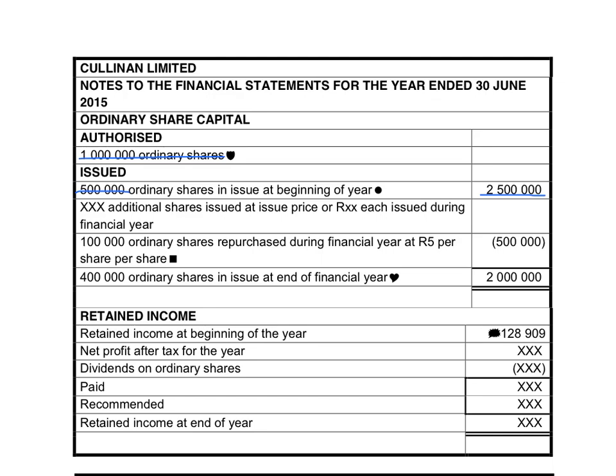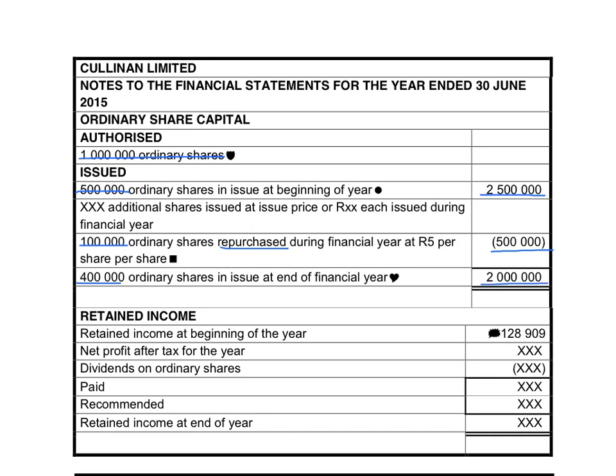No shares were issued during the year. At the end of the year, 100,000 shares were repurchased at the original R5 that it was sold for, so the capital decreased with 500,000 rand. And your closing in ordinary shares will then be 400,000 ordinary shares with a capital value of 2 million rand.